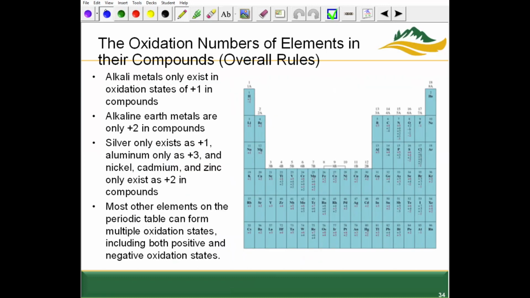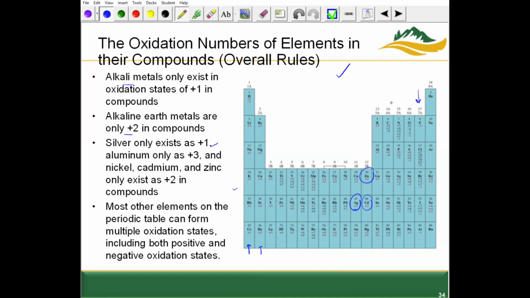So conveniently, there is this periodic table that can tell you generally which oxidation numbers each element will form. Importantly, the alkali metals +1, alkaline earth metals +2, silver just +1, like we saw with the ions that it prefers to form. Cadmium +2, zinc +2.